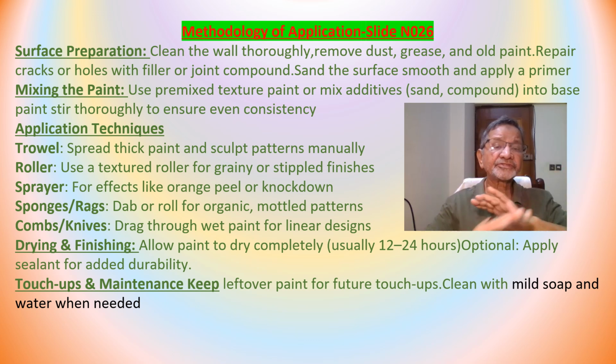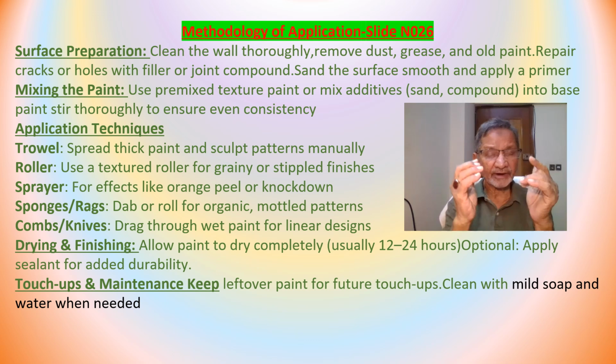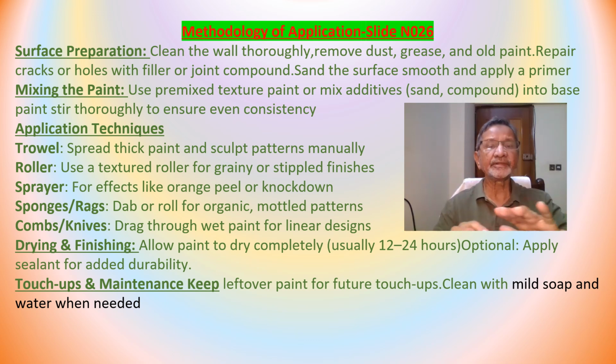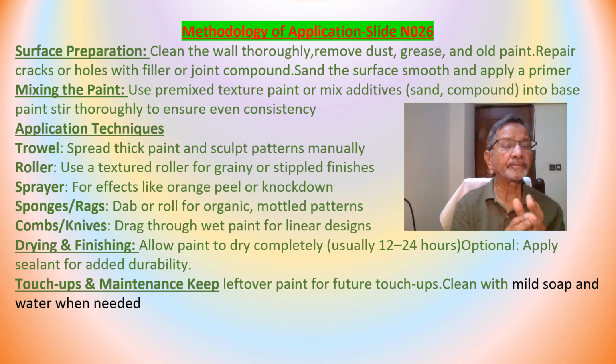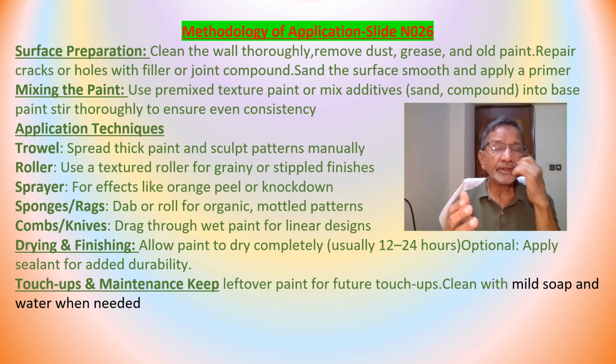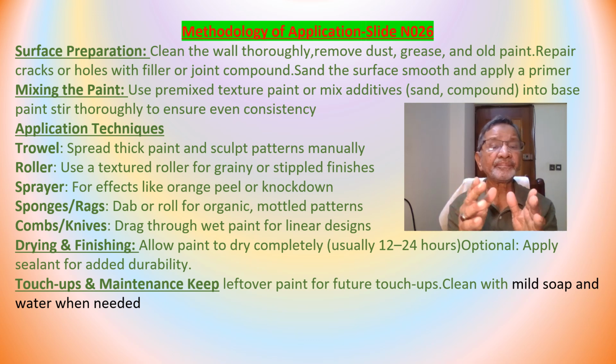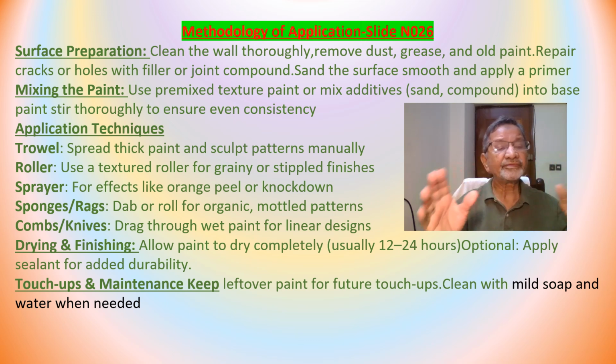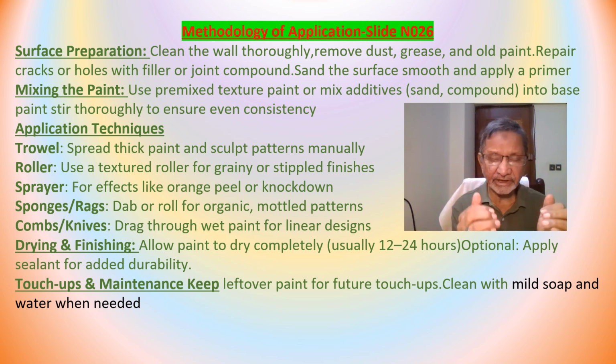Then sand it smoothly so that the whole surface is smooth, and apply primer after cleaning the dust of the sanding. Next, mix the paint. There are some ready-made paints available. Texture paints are available in the market. There is a need for additives, applied with tools based on the look. I mean, there are different types of applications of texture painting.